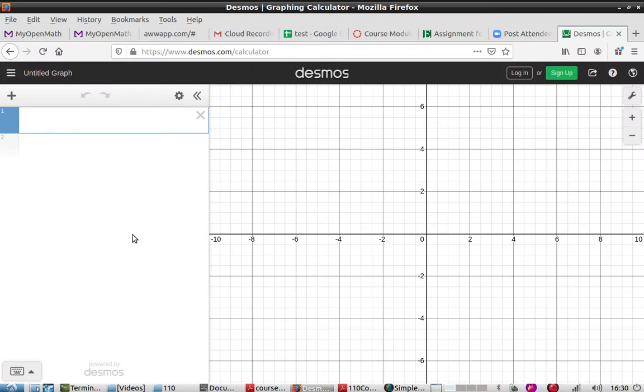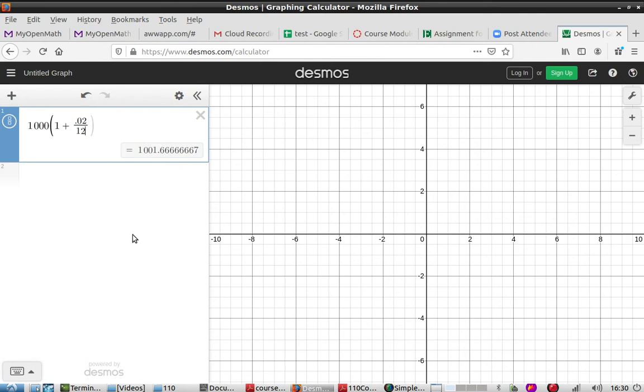I just want to talk briefly about how you might enter that in the Desmos online graphing calculator. So we are multiplying 1,000 times the quantity 1 plus 0.02 divided by 12.